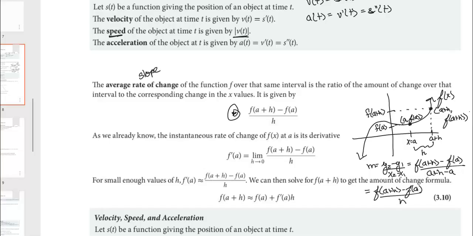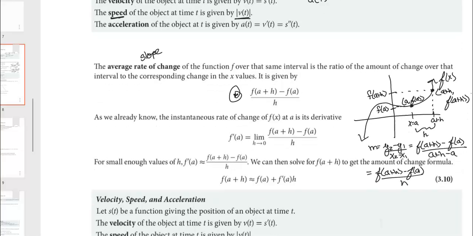And we know if we want instantaneous rate of change, so what's happening at a particular moment in time, then we could take the derivative. And the secant line would approach the tangent line as h gets smaller and smaller and smaller, which is going to change our value of our slope. We could show that by taking the limit as that distance between these 2 points shrinks, so it approaches 0.